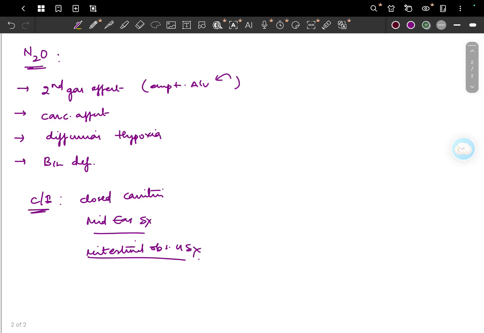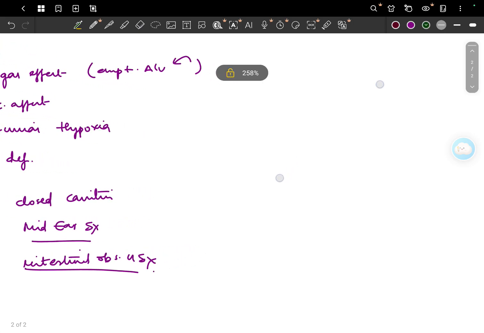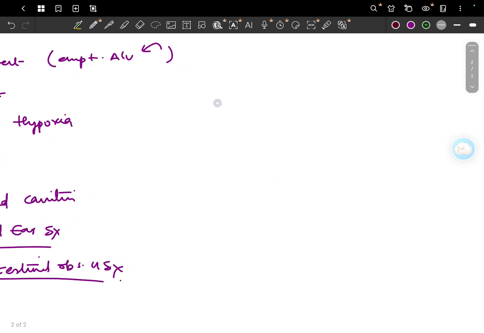Now coming to a few more properties of anesthetic agents. We have inhalational agents, then we have IV agents. We'll be talking about IV agents later, but all inhalational agents are basically uncouplers.